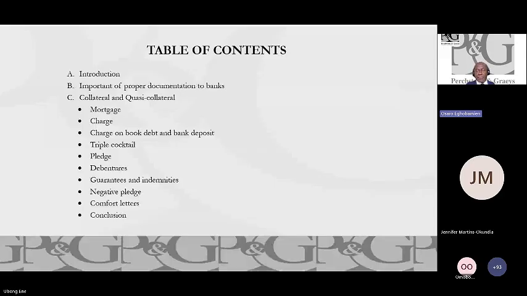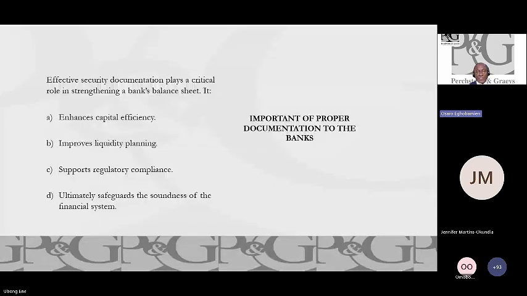So basically, the first thing that I need to let you know is that the relevance or significance of obtaining a charge is not only that when you go to courts, you can convert that collateral to liquidity, but it impacts directly on the capital of the bank, capital adequacy, and even liquidity ratios.